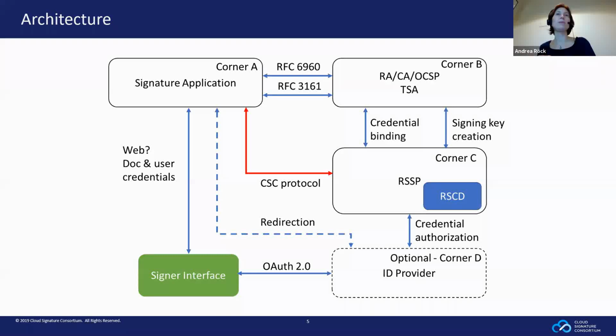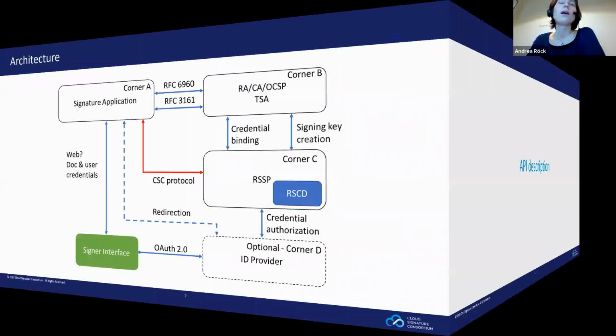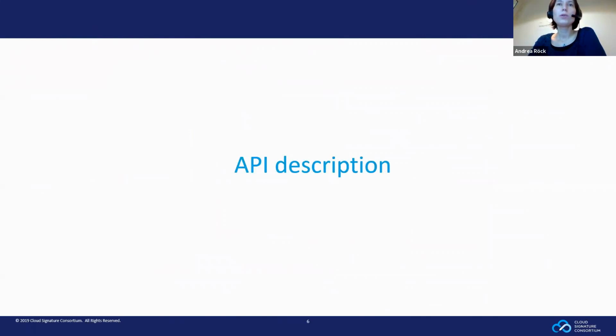So there are different elements, but for the moment, the protocol itself just handles the connection between the signature application and the remote signing server provider. So now we'll go directly to the API description. The API has several methods, and you're going to learn what they can do and how they are used.